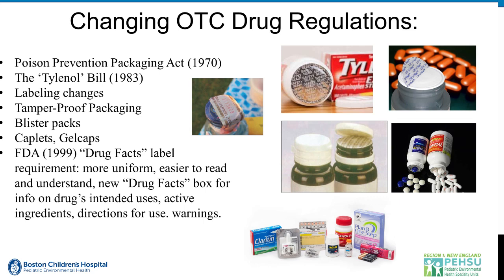It required tamper-proof packaging, blister packs, caplets, gel caps, and an updated drug facts label ordered by the FDA in 1999 required more uniform, easier to read and understand labels, new drug facts boxes for information on the drug's intended uses, the active ingredients, the directions of use and warnings, and so forth.